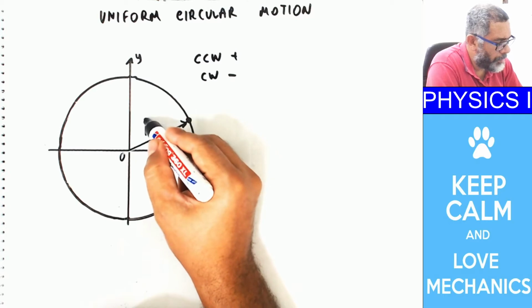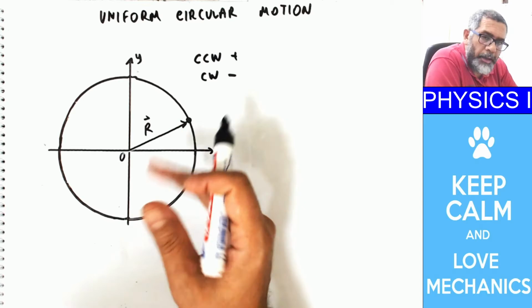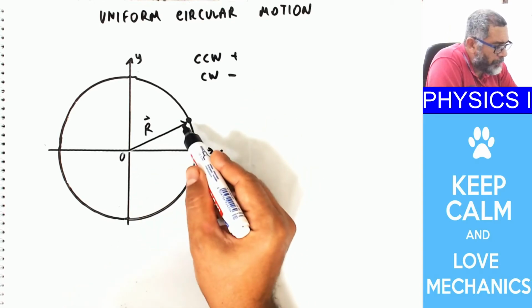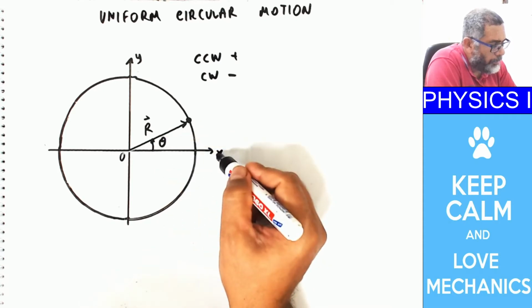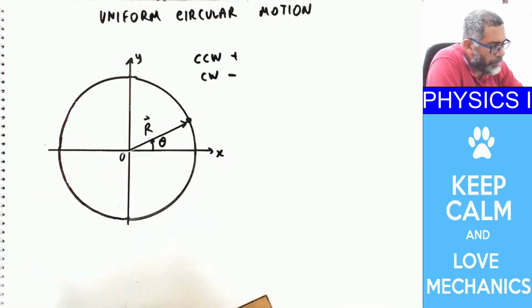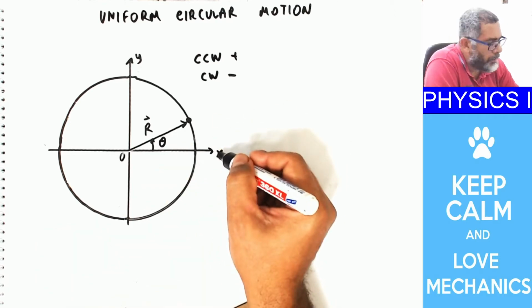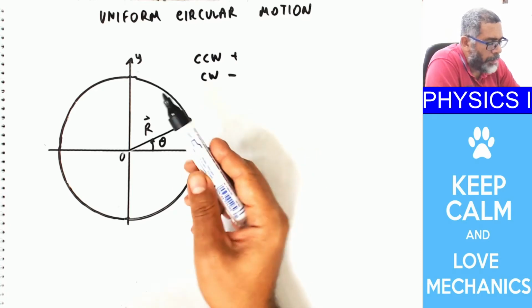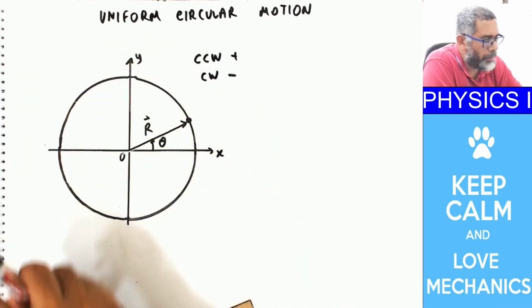At that instant of time, this position vector makes the angle, let's say theta, with the x-axis. By convention in polar coordinates, we measure the angle starting from the x-axis, and we take positive angles to be in the counterclockwise direction.